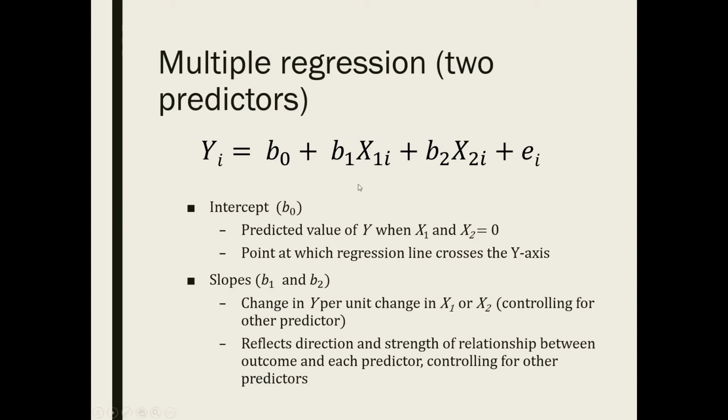We also might note that we now have two slopes instead of just one. So we have a b1 and a b2. So b1 is going to be the change in y per unit change in x1, specifically when we control for x2.